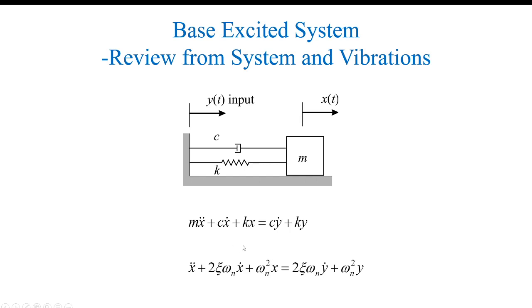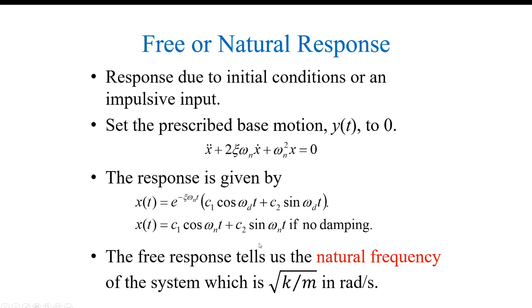Next slide. The free or natural response can be found by setting the right hand side equal to 0, and the response will be something like this. Assuming this is an underdamped system, we have an exponentially decaying function multiplying a sinusoidal function with what's called the damped natural frequency omega d. For the undamped system where zeta is equal to 0, you get x of t equal to a pure sinusoidal function with natural frequency omega n.